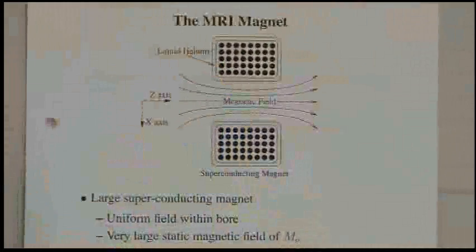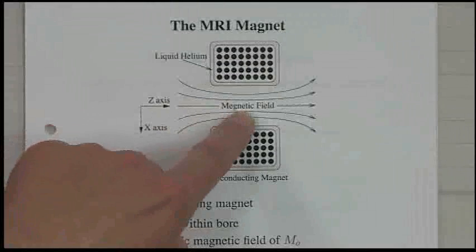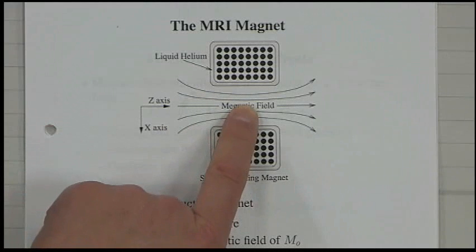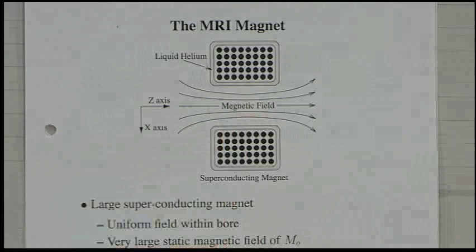When you talk about a scanner, usually they'll say it's a 1.5 T or 3 T. Well, the T stands for Tesla. They're saying what the nominal level of magnetic field in the center of the bore is.